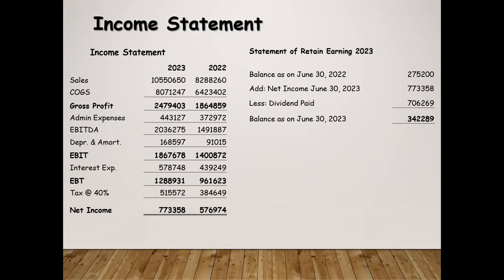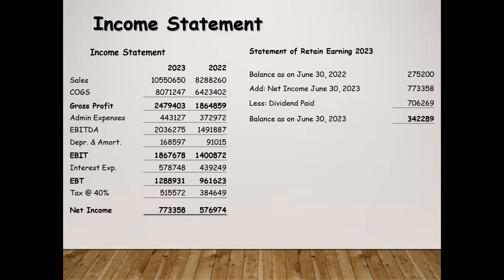Thereafter, we have earnings before interest, tax, depreciation, and amortization. Thereafter, we have the depreciation and amortization figure. The difference between earnings before interest, tax, depreciation, and amortization, and depreciation and amortization is earnings before interest and tax, EBIT.